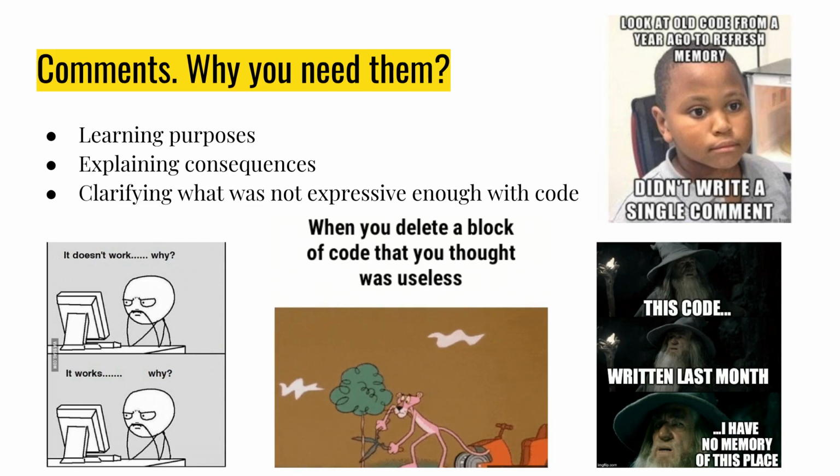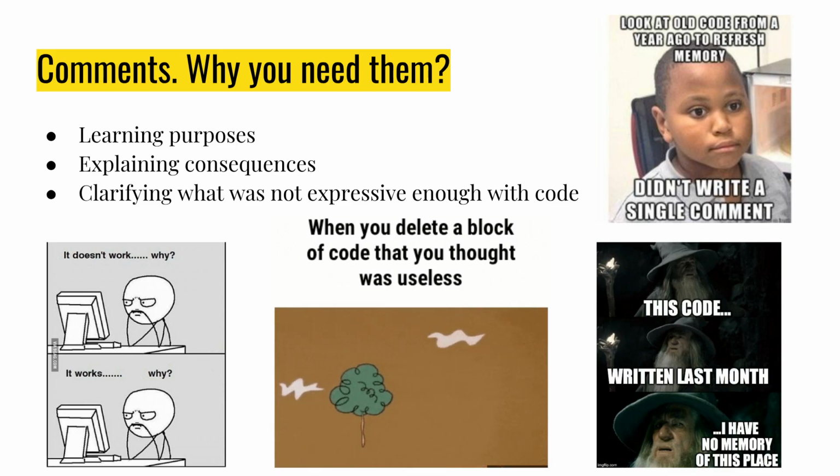So initially you estimate, it seems easy. 5 minutes, 1 hour. It will take 1 hour. But then you spend 2 weeks because everything was unclear and you had to refactor your code anyway. This code was written last month, and I have no memory of this place. Exactly what happens when you write crappy code.